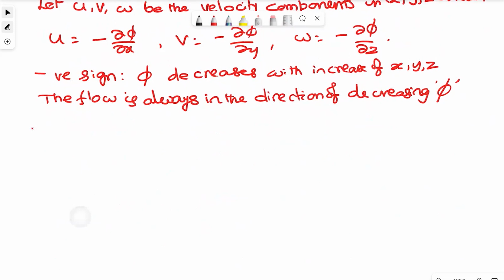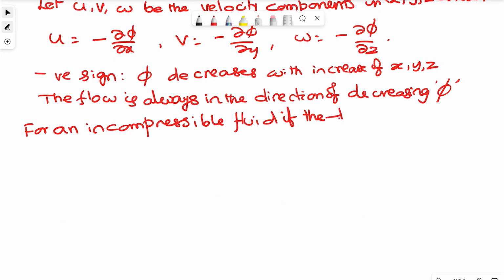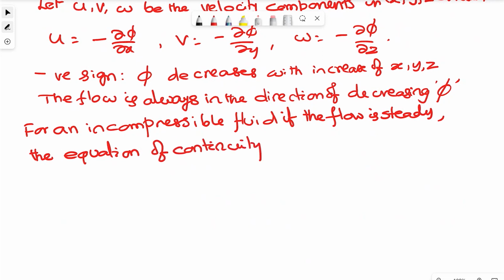For an incompressible fluid, if the flow is steady, then the equation of continuity is given as dou u by dou x plus dou v by dou y plus dou w by dou z is equal to 0.